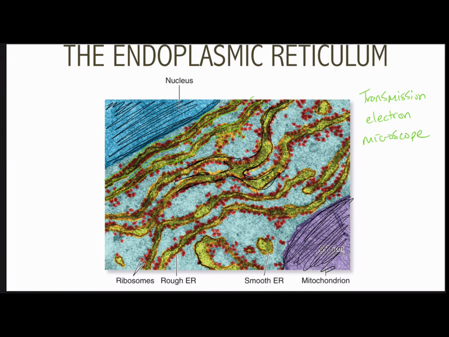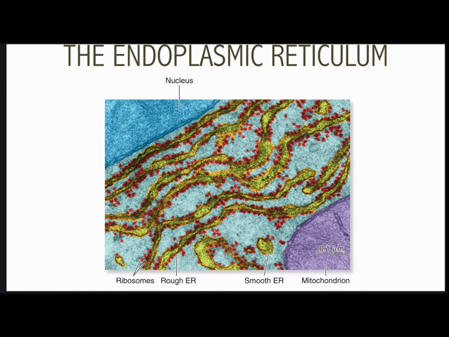Now I've just drawn over the scale bar, and I don't want to do that. I want to clear that off so that I can show you the scale down here so you get an idea. That's 0.1 micrometers, and so that is the same as 100 nanometers. If you remember, if we go from 1 meter divided by 1,000, that is 1 millimeter. And if we take 1 millimeter and divide that by 1,000, that is our 1 micrometer.